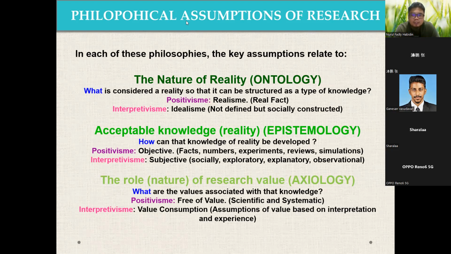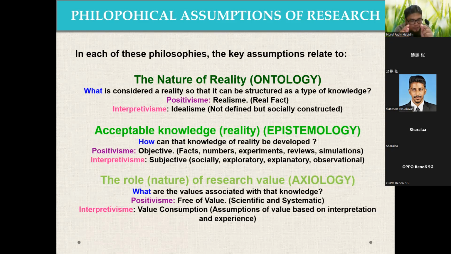Okay, from these philosophical assumptions, number 1 is ontology. Ontology is what we call the nature of reality. What is considered a reality so that it can be structured as a type of knowledge? The keyword is how the reality in your research idea, the research issue and problem, can be structured as a type of knowledge.